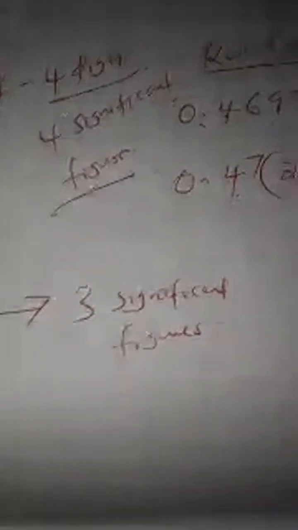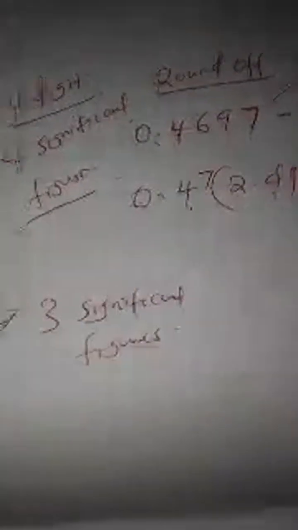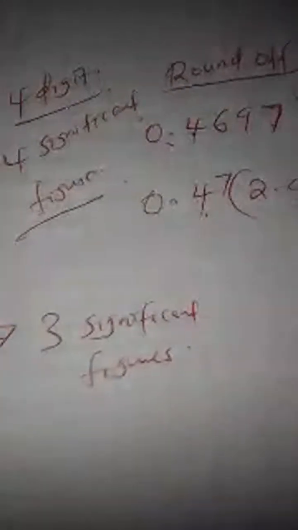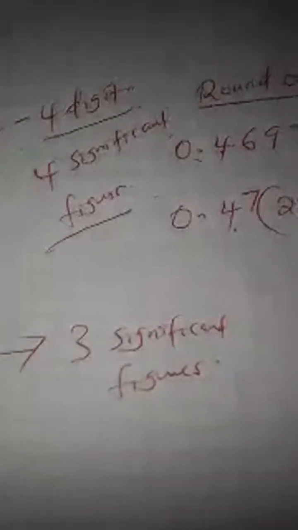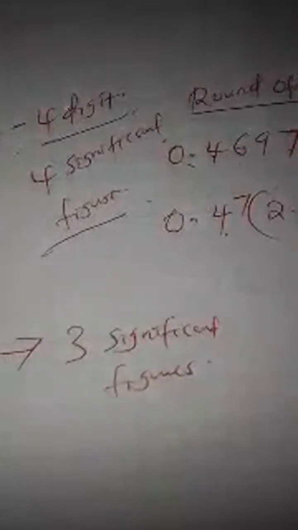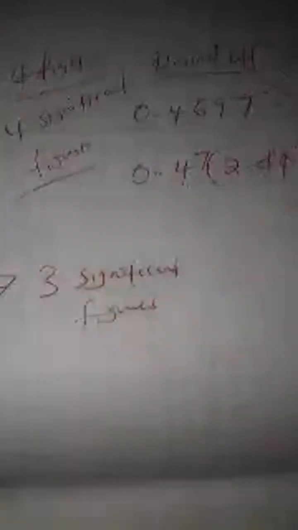Okay, so let's proceed with our revision. I want us to move straight to another thing. On matters to do with fractions, we've talked a lot about fractions, whereby, for example, we have 3 out of 4 plus 1 out of 5.